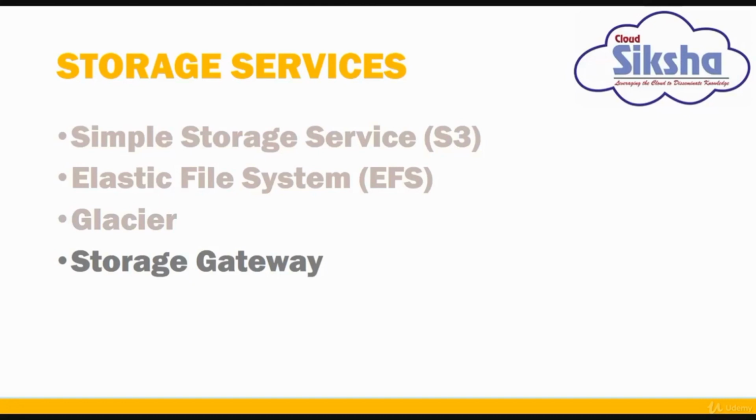This is a hybrid storage between an on-premise storage environment and the AWS cloud. It combines a multi-protocol storage appliance with highly efficient network connectivity to the Amazon cloud. So basically, you get local performance with unlimited scale.